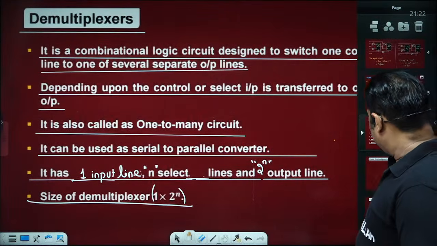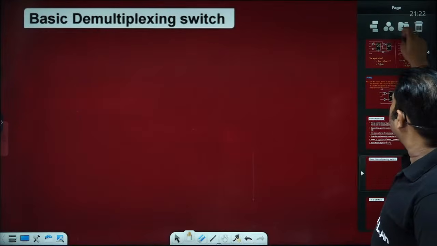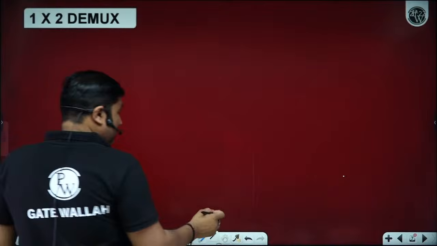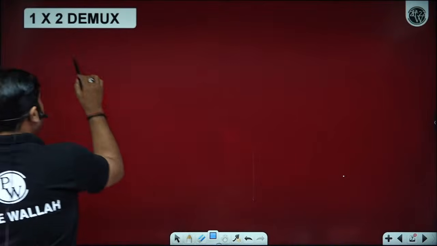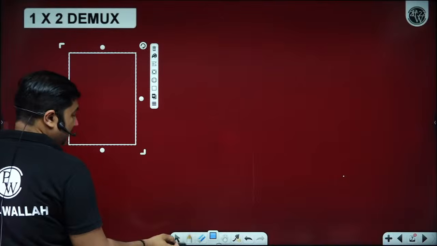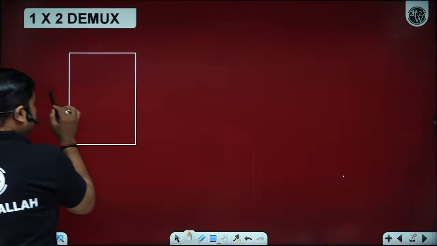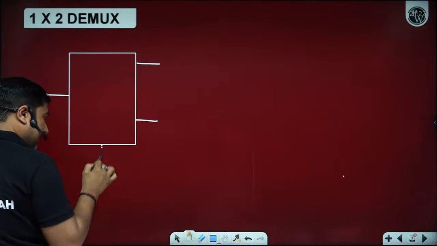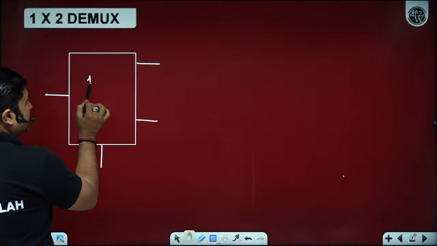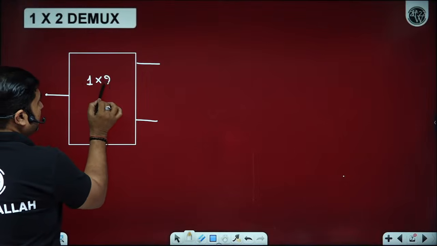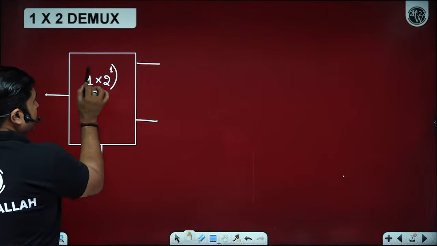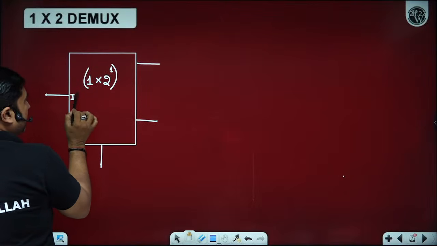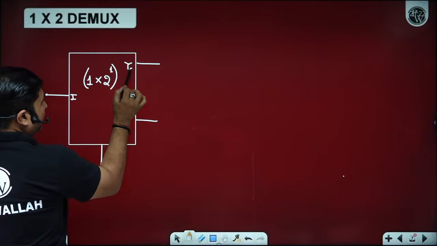Great. Let's try to understand the smallest size of the demultiplexer. Suppose we have 1 cross 2 demux. What does it mean? It means one input line, two output line, and one select line. So the size of demux is 1 cross 2, where this 1 indicates select line, this 1 indicates input line, and this 2 indicates output line y0, y1.